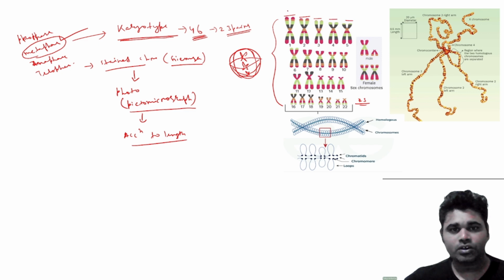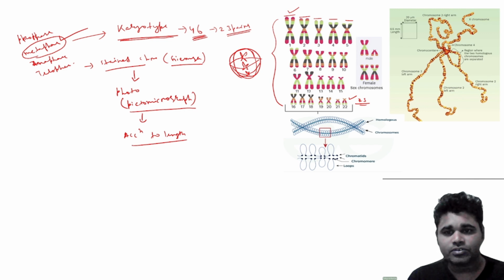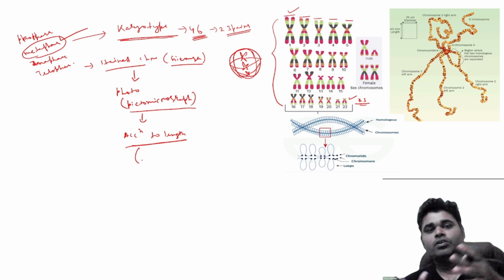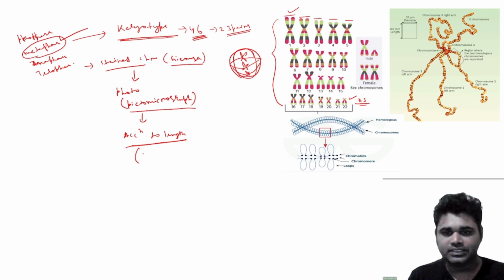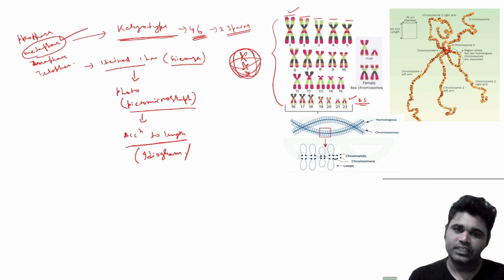That means we arrange from the higher length to the lower length, and this arrangement of the chromosomes according to the length is called the ideogram, or we can say that this is called the karyogram.